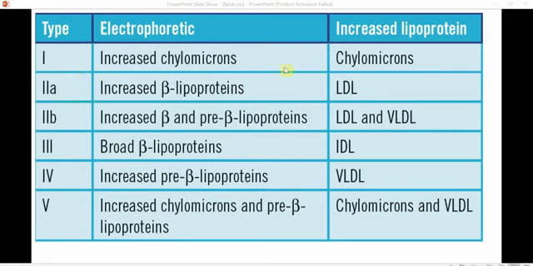Type 1 is characterized by increased chylomicron on electrophoresis; type 2A by increased beta lipoprotein, the band that represents the LDL; type 2B by increased beta and pre-beta lipoprotein, which correspond to LDL and VLDL; type 3 by a broad beta band, which shows the abnormal IDL particles; type 4 by increased pre-beta, which represents the endogenous triglyceride particle VLDL; and type 5 by increased chylomicron and pre-beta, which means an increase in triglycerides in both chylomicron and VLDL.